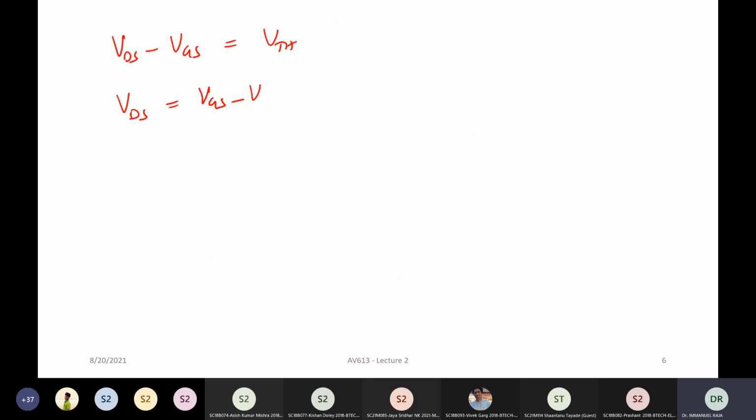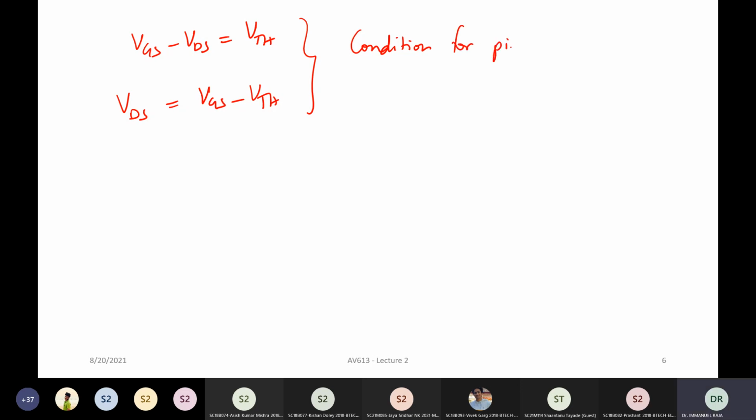Well, sorry, I think I mixed up the polarity here. So it's got to be VGS minus VDS equal to VTH, right? This is the condition for pinch off.